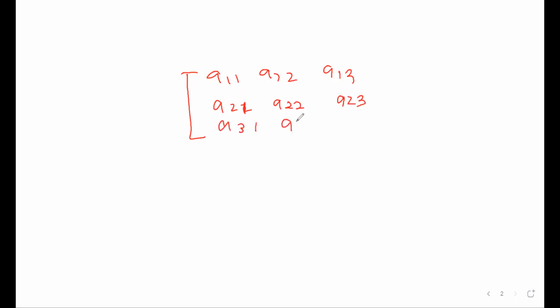So if we have a 3x3 system, then your coefficient matrix is A11, A12, A13, A21, A22, A23, A31, A32, A33.